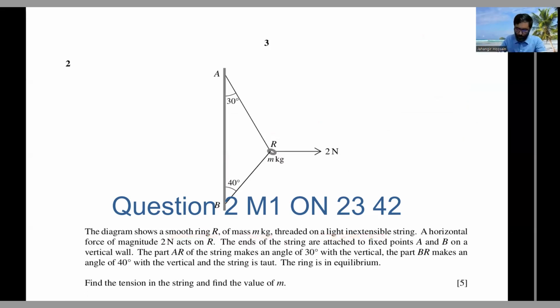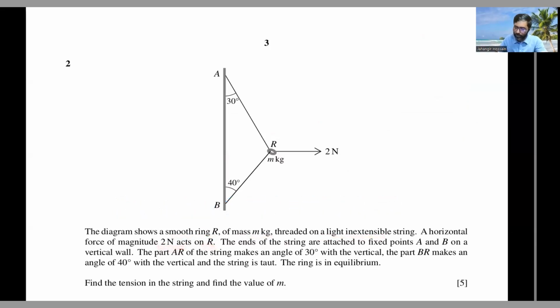A horizontal force of magnitude 2 Newton acts on the ring, and the ends of the string are attached to fixed points A and B on a vertical wall. The part AR of the string makes an angle 30 degrees with the vertical, and part BR makes an angle of 40 degrees with the vertical. The string is taut and the ring is in equilibrium.